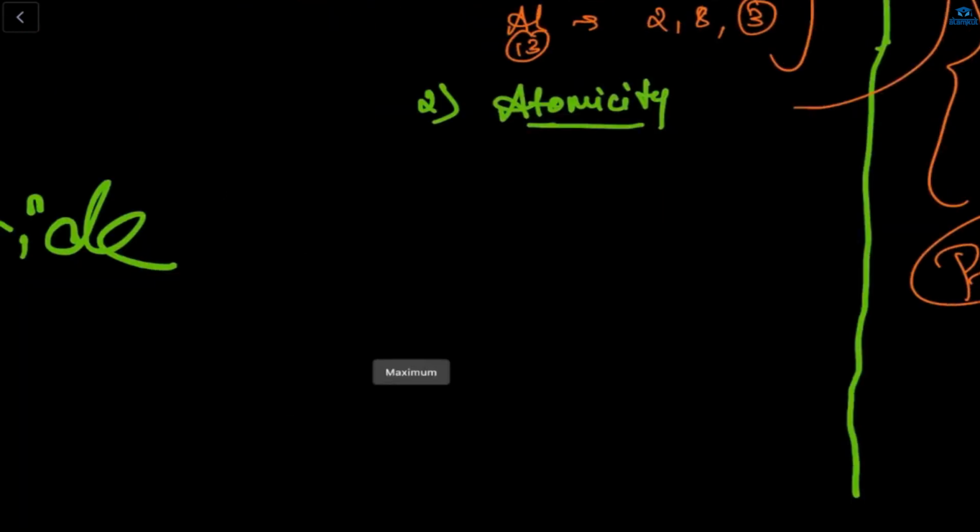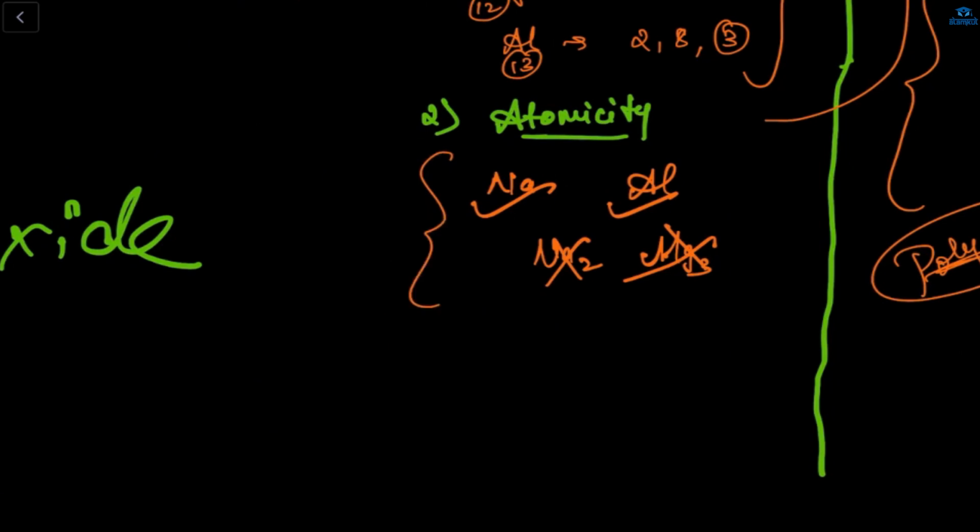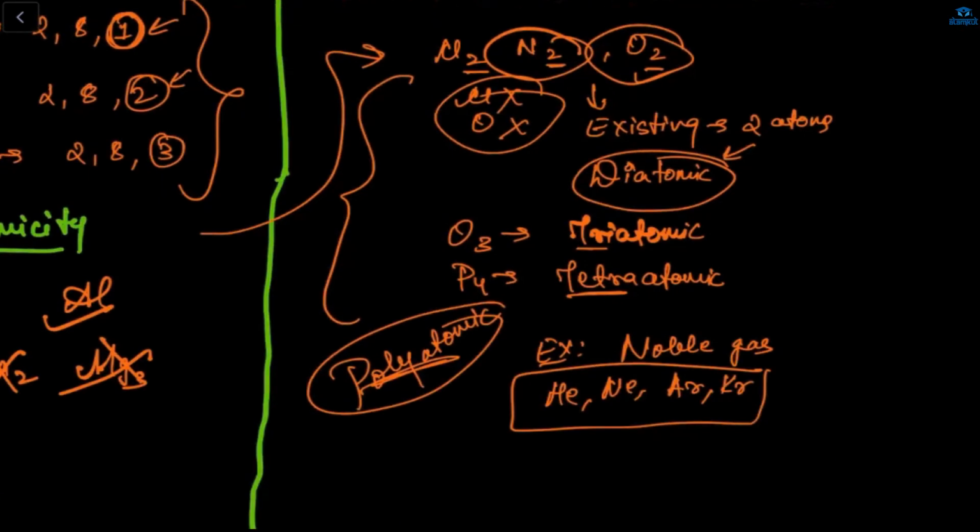But in metals, we can write Na, we can write Al. We don't write Na2 or Mg3. So the atomicity of metals is monoatomic, but the atomicity of non-metals is di, tri, tetra, meaning more than one.